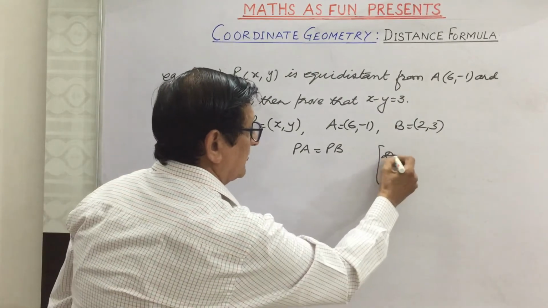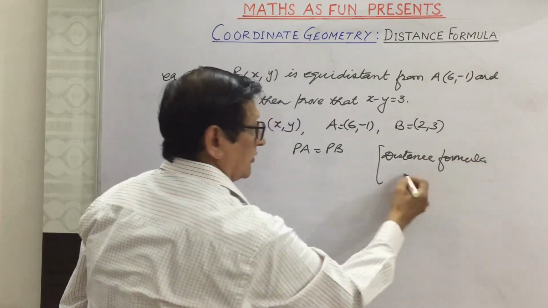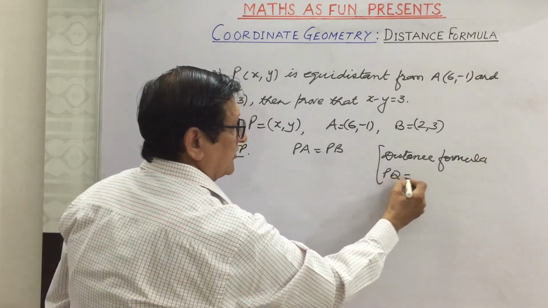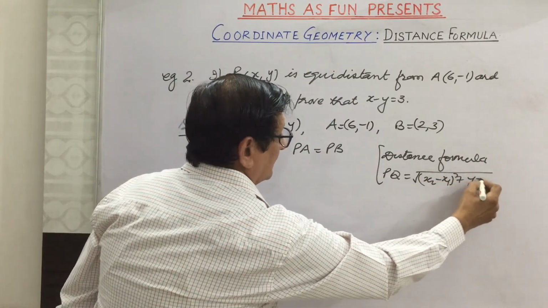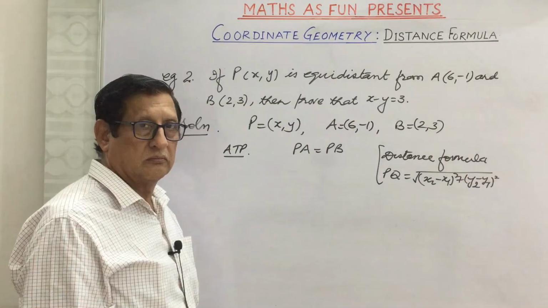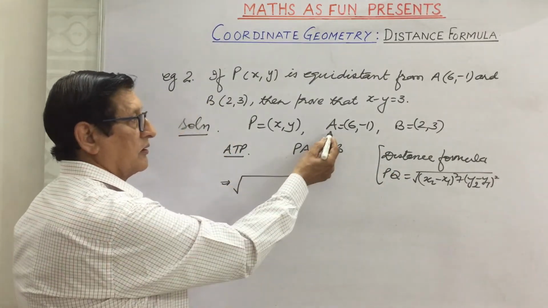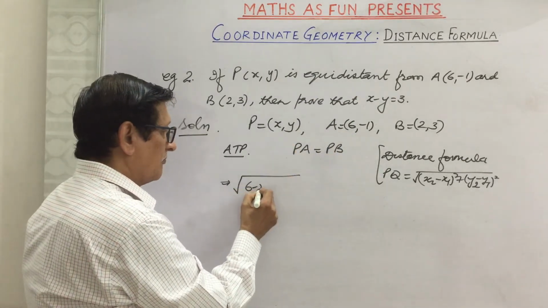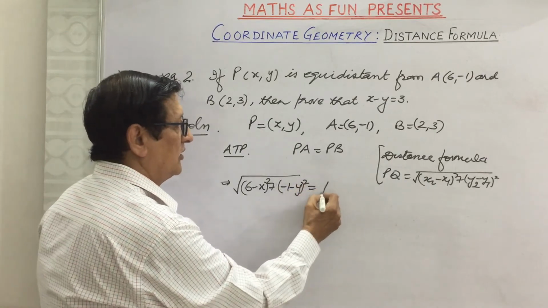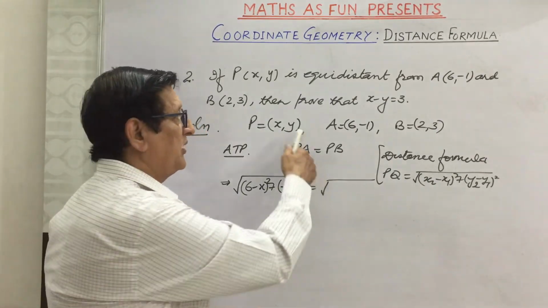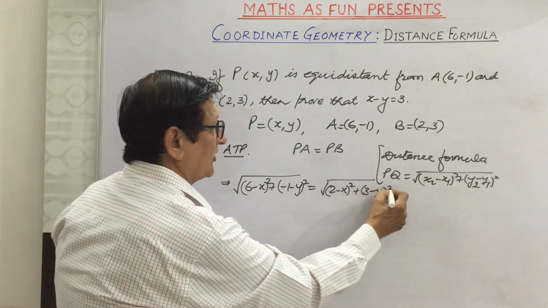We know the distance formula for any 2 points P and Q, that is root of (x2 minus x1) square plus (y2 minus y1) square. Applying this formula, we can write root of PA, that is (6 minus x) square plus (-1 minus y) square, is equal to root of PB, that is (2 minus x) square plus (3 minus y) whole square.